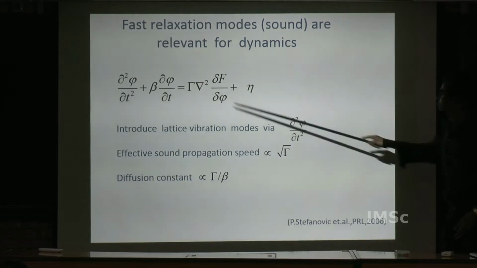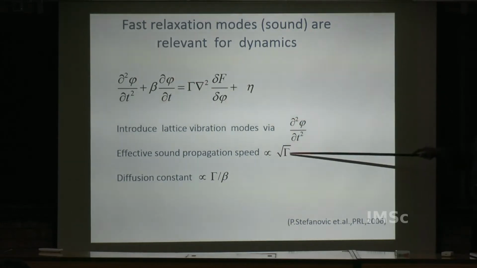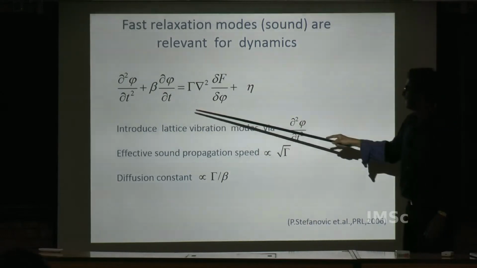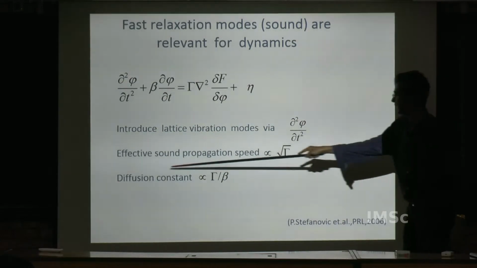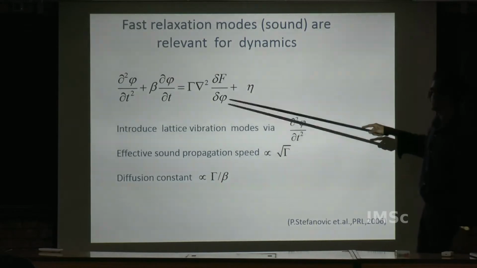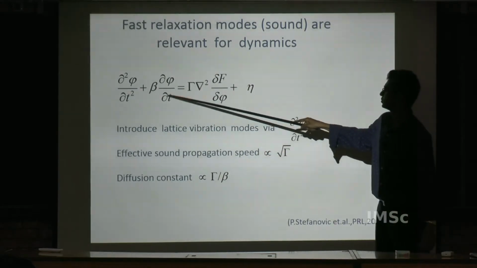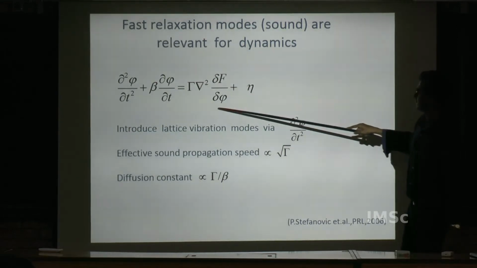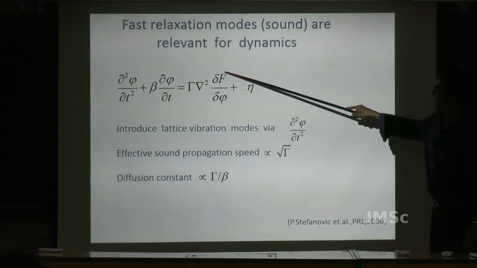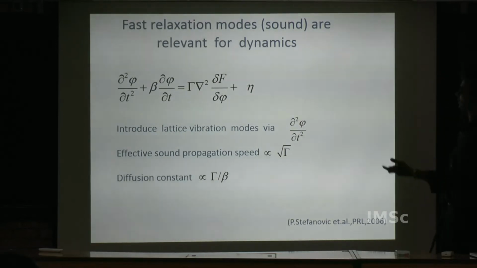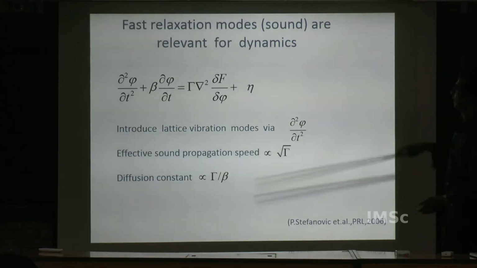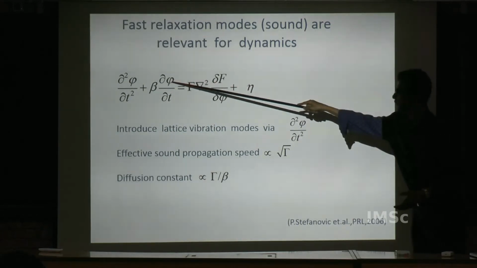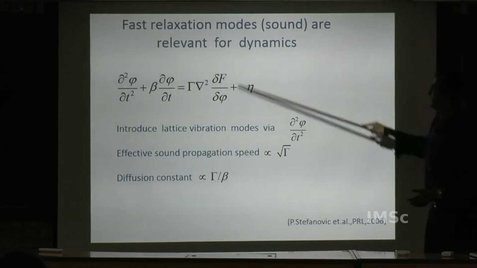And these two parameters will be proportional to the sound speed. Let me try to explain that. The diffusion constant will be proportional to this. To see that, just switch off this first term, forget about the noise. Now if you linearize this derivative, because the free energy starts with quadratic and higher order terms, there will be a term linear in phi coming out from here.